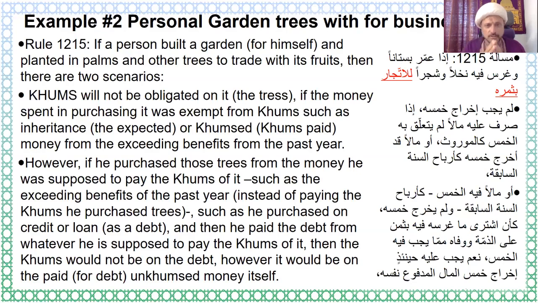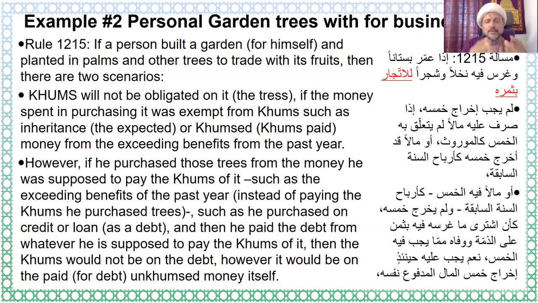So you have this garden and you have the trees on the garden. The hypothesis of this ruling is that the garden is for personal use. You established this garden, but then you said, let me do some income on this garden. So what did you do? You planted some trees on the garden. You planted some palm trees to get the dates and sell the dates.